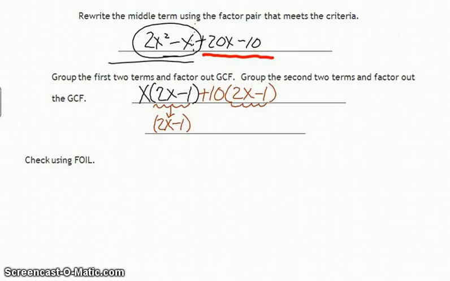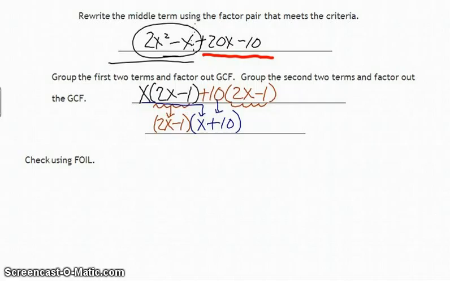So the second binomial becomes x plus 10. The factorization of 2x squared plus 19x minus 10 is 2x minus 1 times x plus 10.